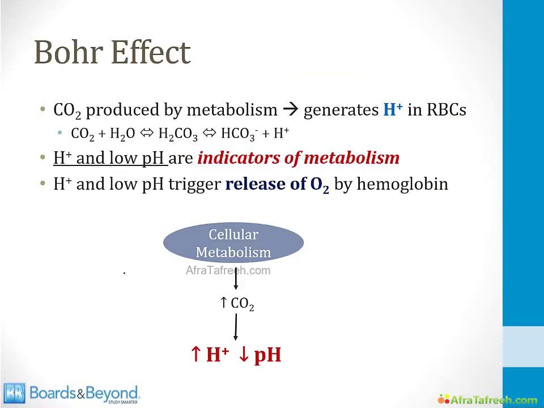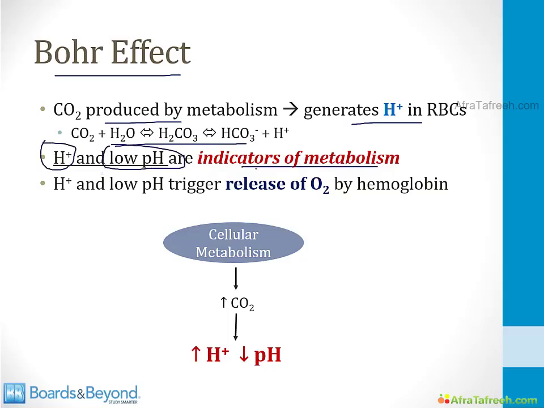Carbon dioxide also leads to more release of oxygen from hemoglobin through another mechanism called the Bohr effect. As we talked about earlier, anytime carbon dioxide is produced by metabolism, this leads to the generation of protons inside red blood cells through this equation shown here. What this means is that an increase in protons and a decrease in pH are both indicators of metabolism.